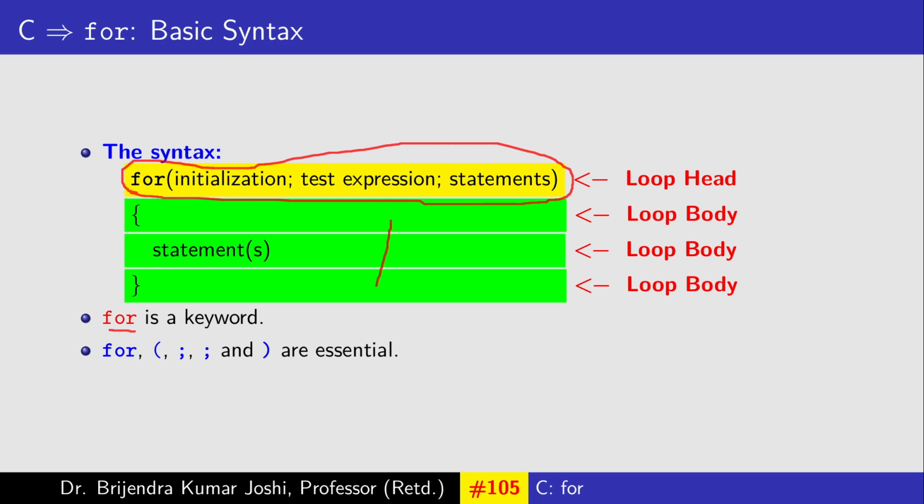For is a keyword, and remember: the opening parenthesis is essential, this semicolon is essential, the second semicolon is essential, and the closing parenthesis. These elements are essential. Initialization is optional, the test expression is optional, and the statements are also optional. If the body is missing, then you need to terminate the for loop by making use of a single semicolon.